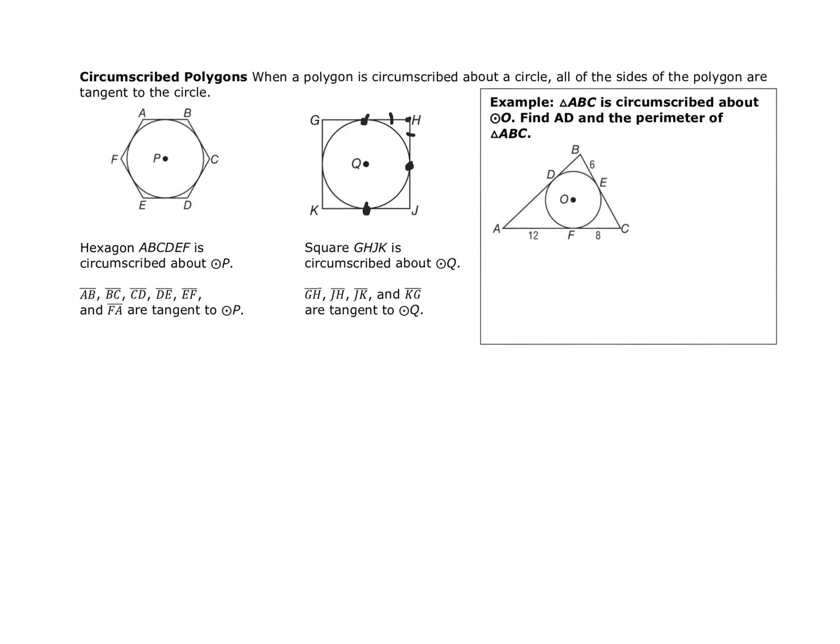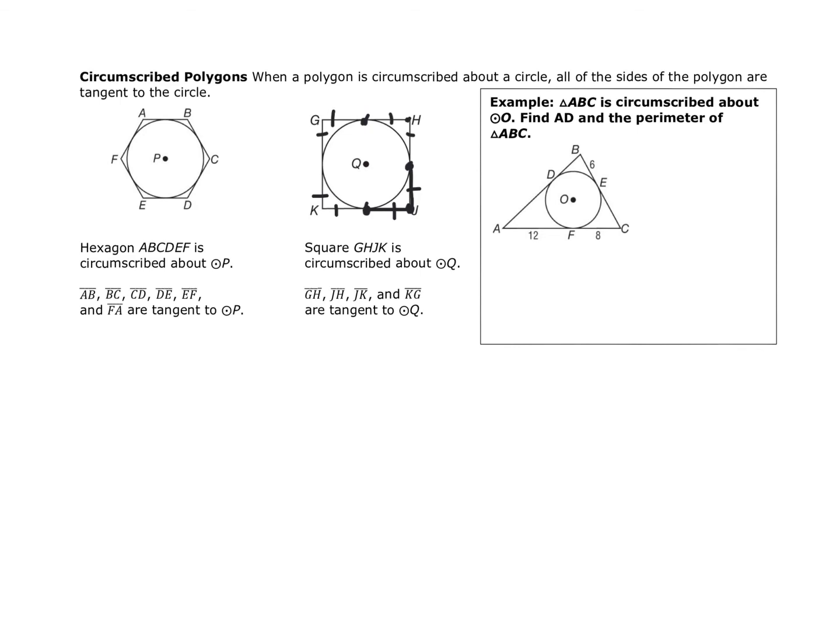Then we have these two segments that intersect outside the circle, and they're congruent. These are congruent, and these are congruent. On a square, they are all congruent to each other, but not all figures have that.